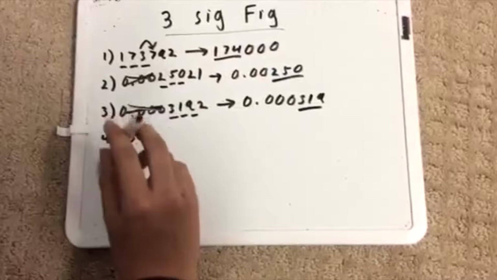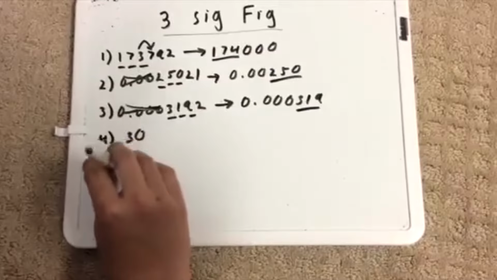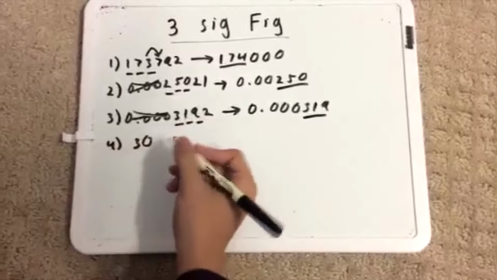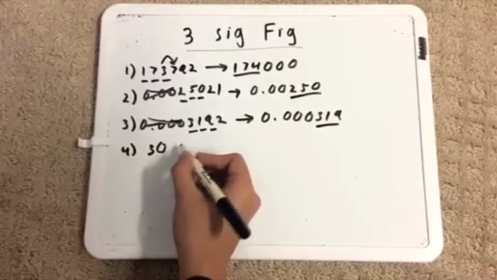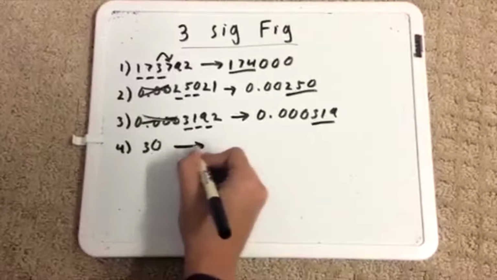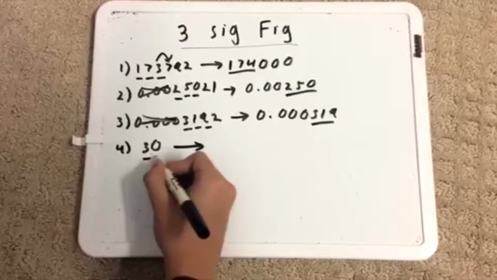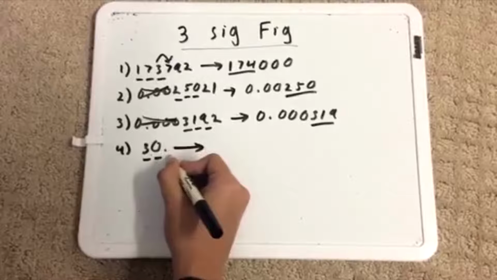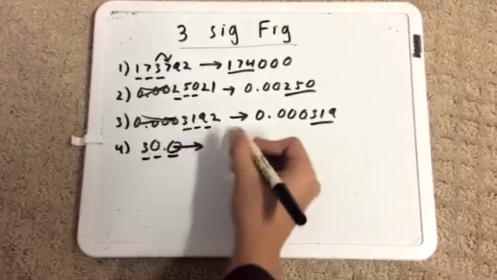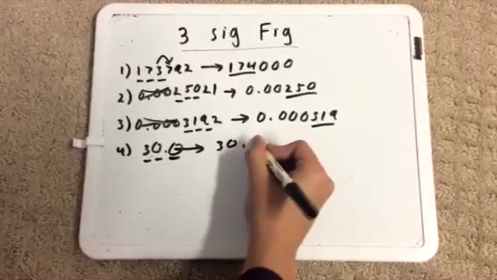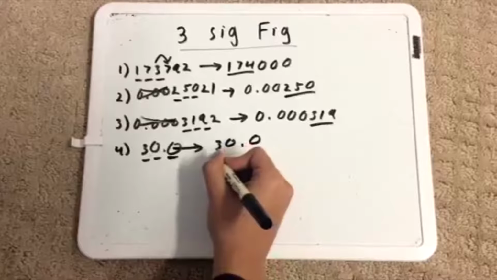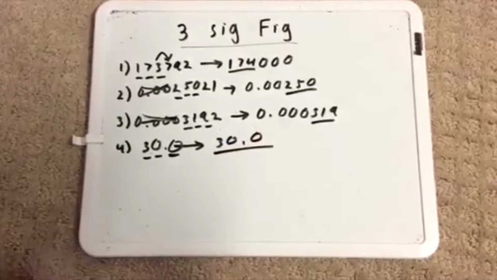For number 4, it would be the same as the example I showed you earlier, since there is no third number right here. You would make it 1, 2, decimal place, 0. So it will come out as 3, 0, 3, 0 with 3 significant figures.